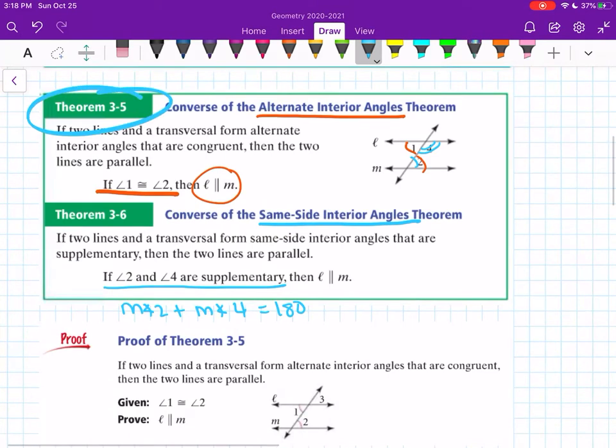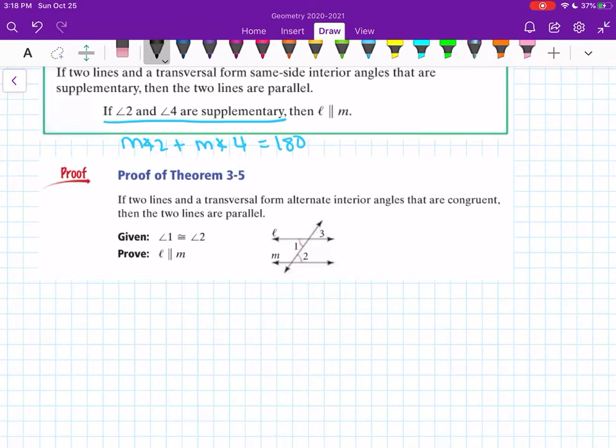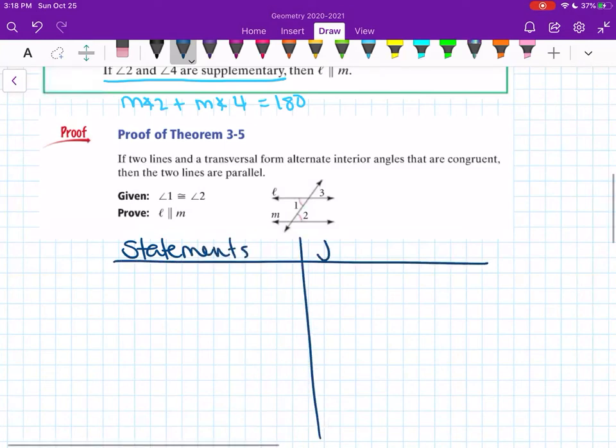Okay? So let's prove the theorem 3-5. So remember when we're proving theorems, what are we allowed to use? So we have our statements and we have our justifications.